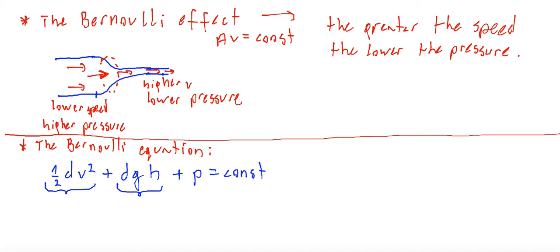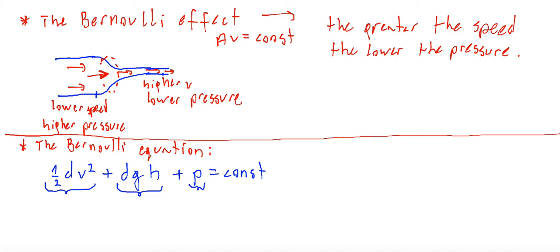And this is the fluid pressure, so this is standard pressure which is not related with movement of the fluid. So if the fluid is stationary and is placed on the reference level, then it has a constant pressure, just this.